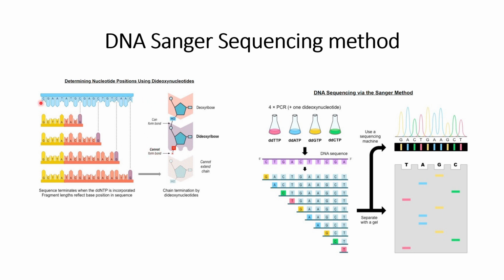As shown here, a preliminary example is that if the extended DNA terminates at this G point, and it is at the 4th nucleotide position, then we can understand that the complementary base at the 4th nucleotide position after the primer is C, the cytosine.